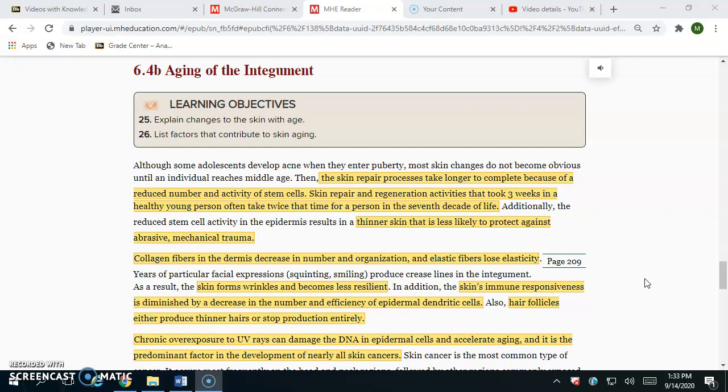So you can see aging happening sooner than it normally would have if they would have protected themselves from the sun.